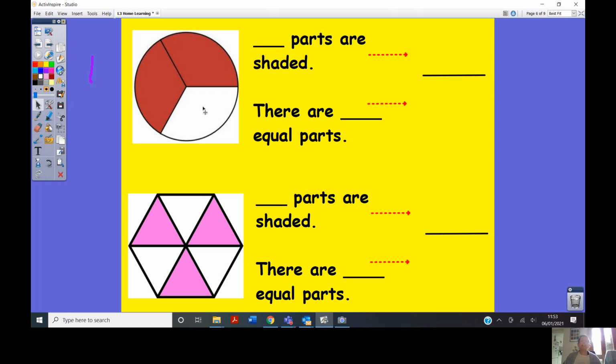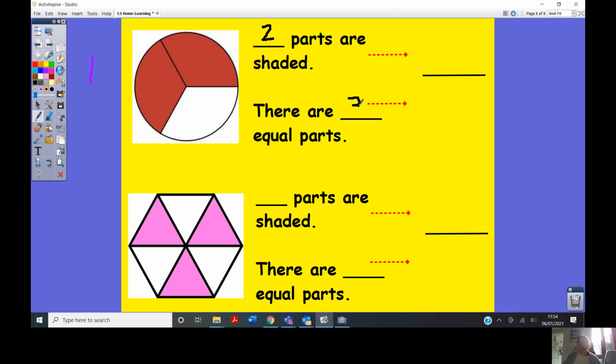How many parts are shaded? Counting together. 1, 2. 2 parts are shaded. How many equal parts are there all together? 1, 2, 3.